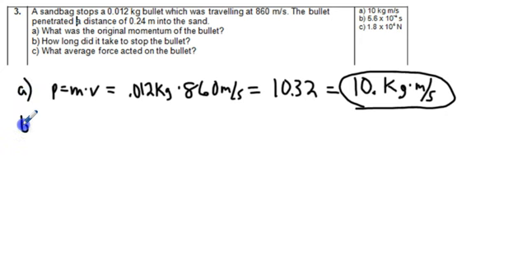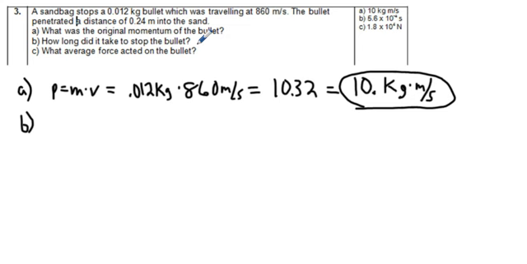Part B, considerably more difficult. So, how long did it take to stop the bullet? Well, obviously when the bullet is entering the sand, it is slowing down.